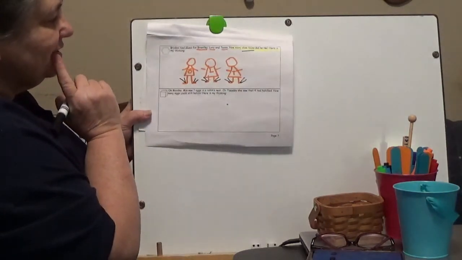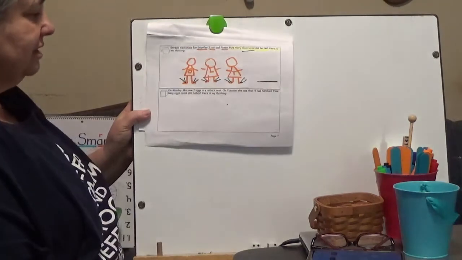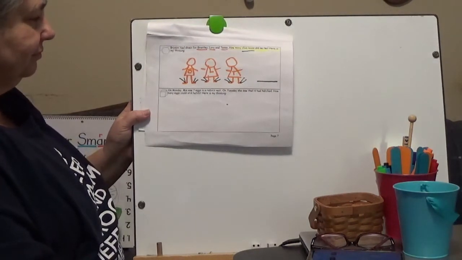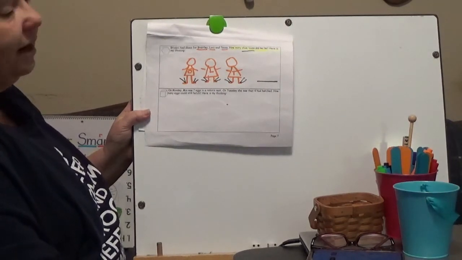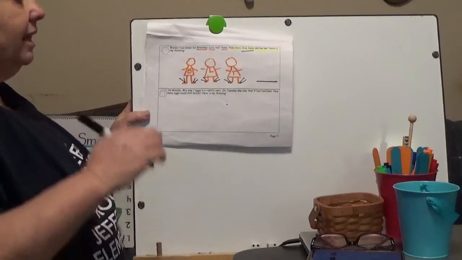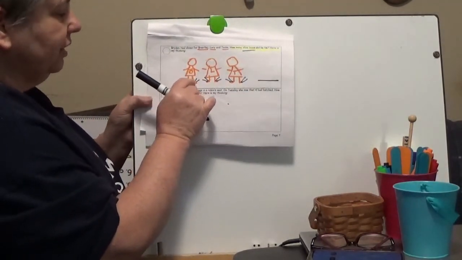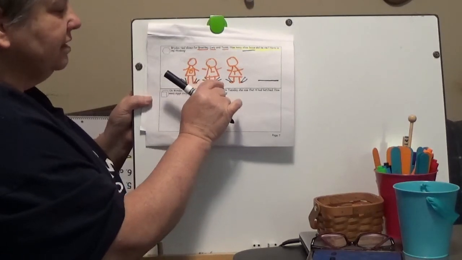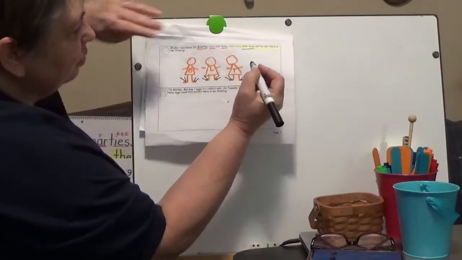So how many shoelaces do we have? Write your number right over here to the side. And I'm going to count and hopefully have the same answer that you have. 1, 2, 3, 4, 5, 6, 7, 8, 9, 10, 11, 12. 12.